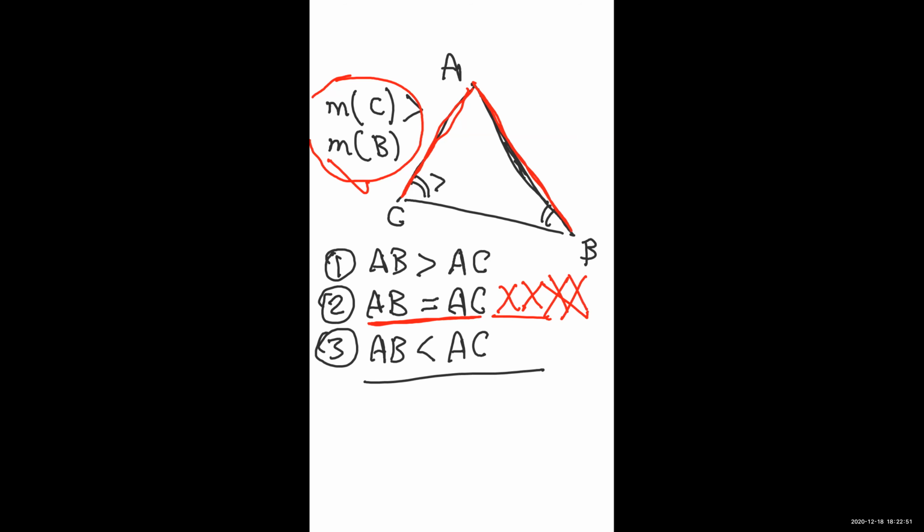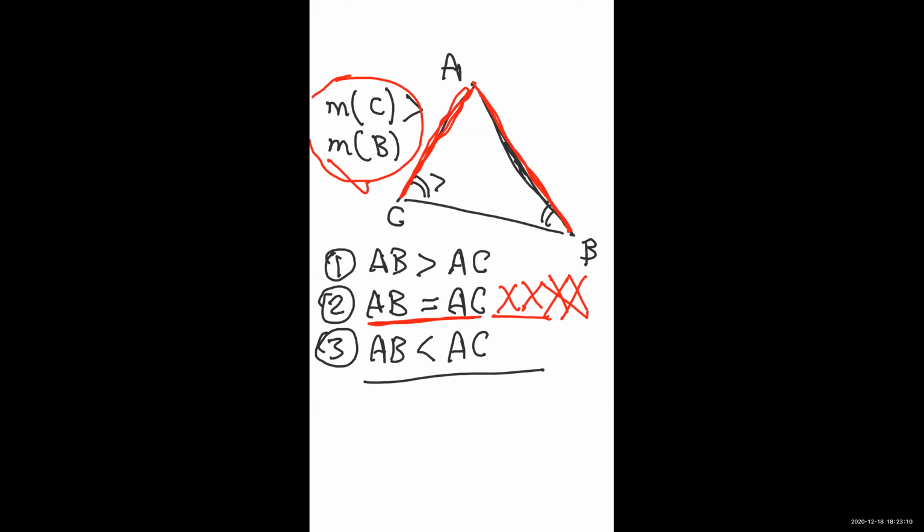AB, this one, is less than AC. This means, guys, the measurement of C is less than the measurement of B, because we studied this in the previous theorem.